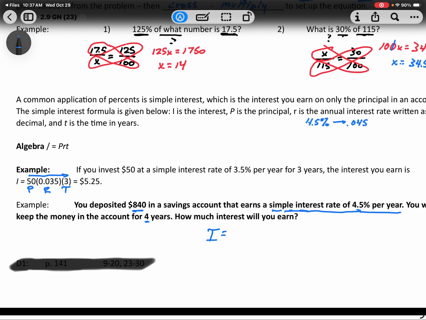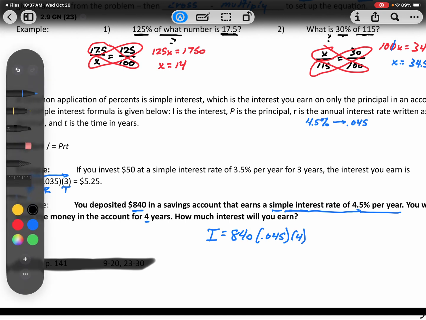And I deposited $840 into an account that earns an interest rate of 4.5%. So that means it's going to be 0.045, and that's done over 4 years. So again, this is what I want to see from you on your practice set. I want to see this stuff right here.